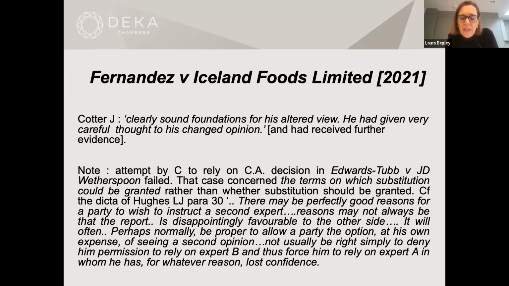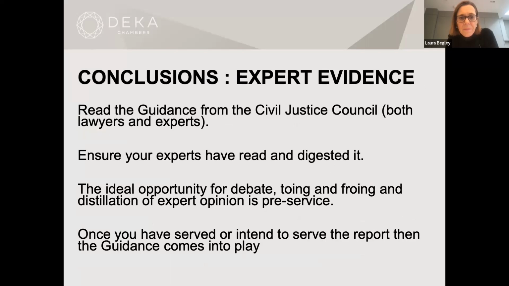And what the court said is, well, that's because that case concerned the terms upon which substitution could be granted, rather than on whether substitution should be granted. So that's also worth bearing in mind. And so next slide, please.